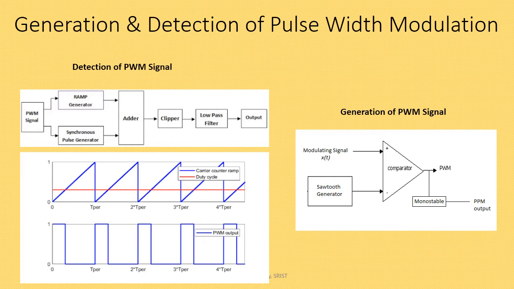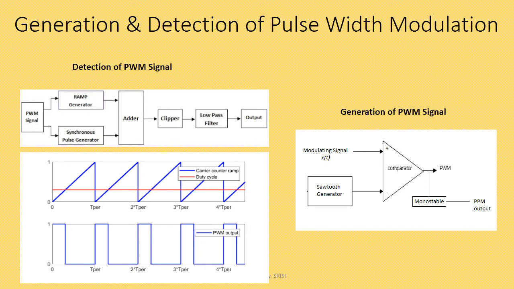It is applied to the inverting terminal of a comparator. The comparator output will remain high as long as the instantaneous amplitude of x(t) is higher than that of the ramp signal.